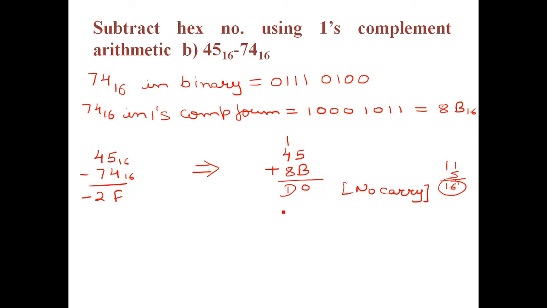So we have to again take the ones complement of D0. So D0 ones complement will be equal to 2F, 2F in hexadecimal.